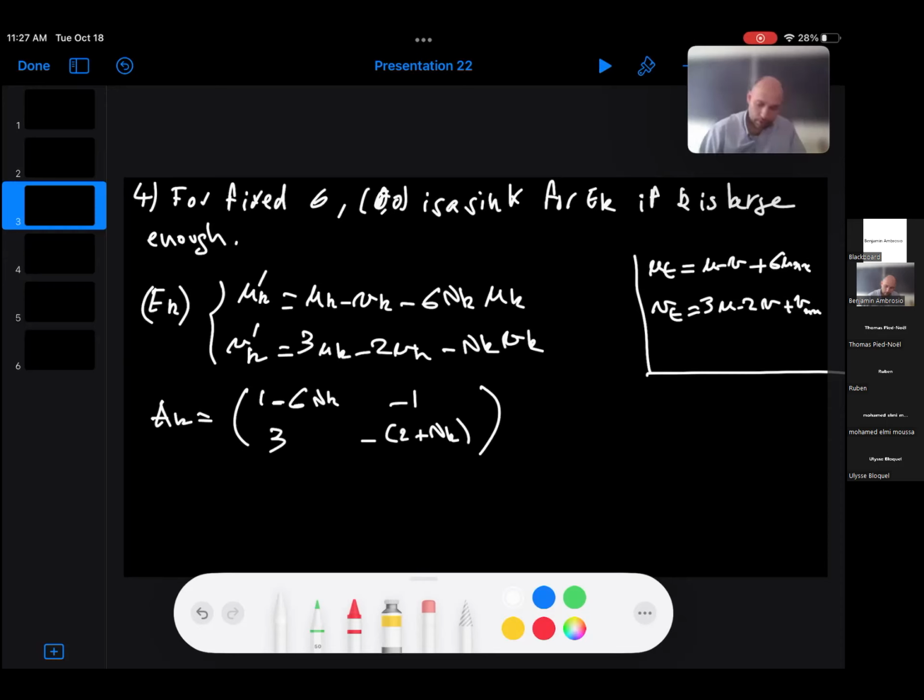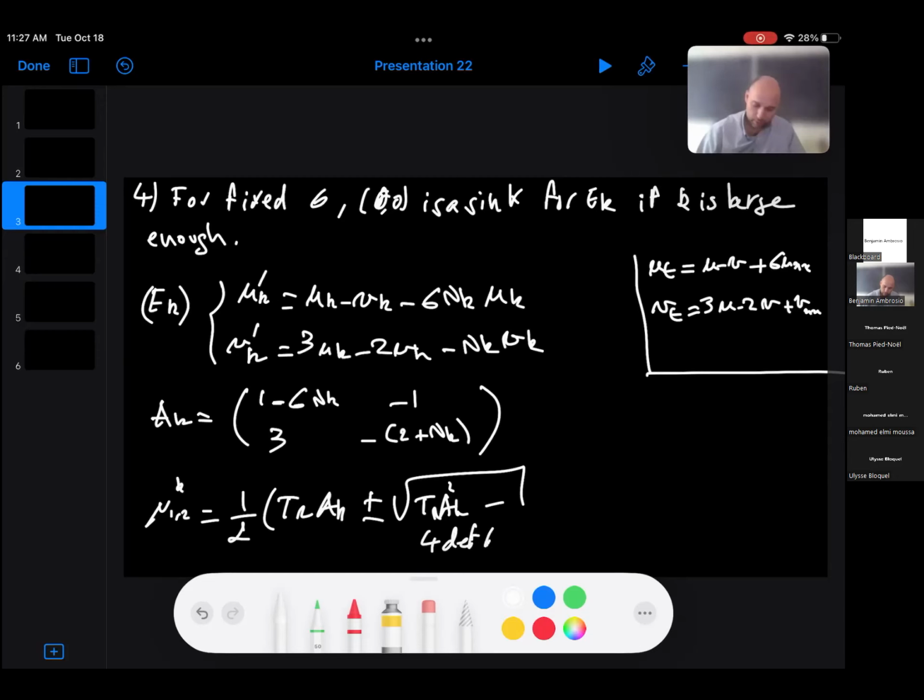So I know that, let's call it mu 1,2 k, it's 1 divided by 2, the trace of Ak plus minus the square root of trace Ak squared minus 4 determinant of Ak. So it is worth computing the trace.